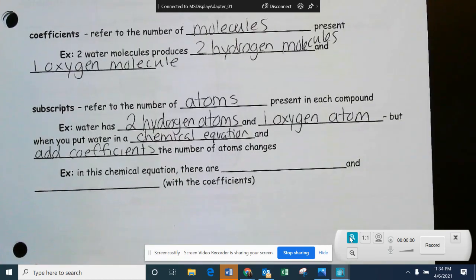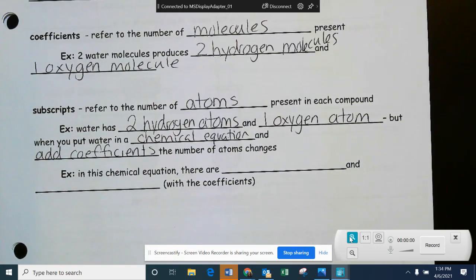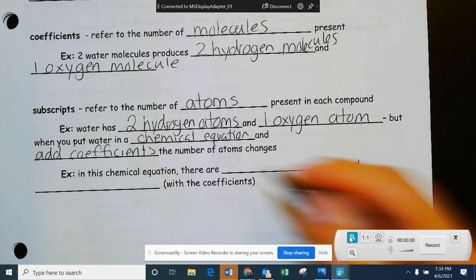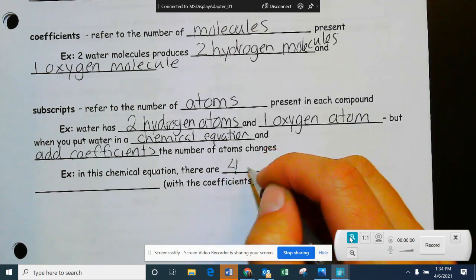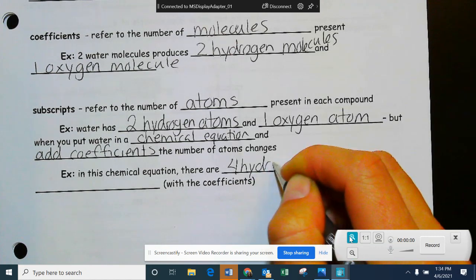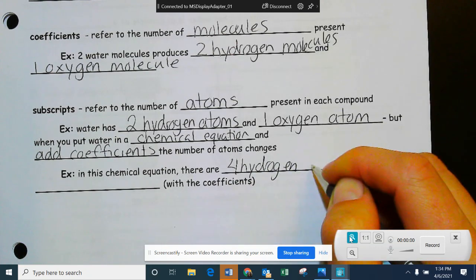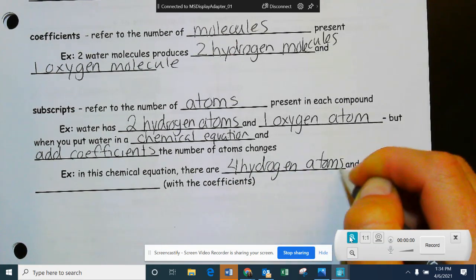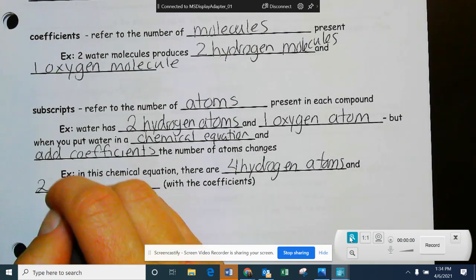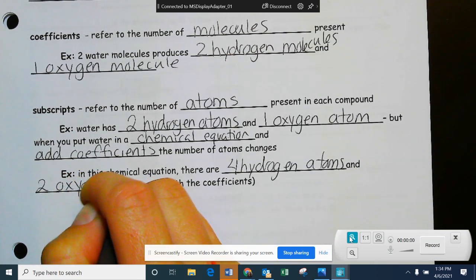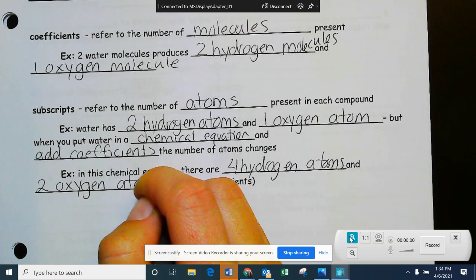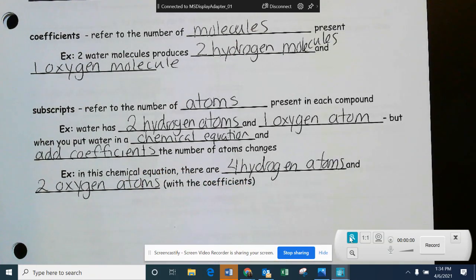So that's what that means. So in this chemical equation of H2O, there are 4 hydrogens and there are 2 oxygen atoms with the coefficients included.